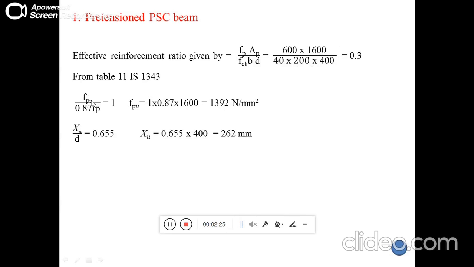So now we are in the need of the ratio FPU by 0.87 FP for calculating FPU, and the ratio XU by D for calculating the value of XU.